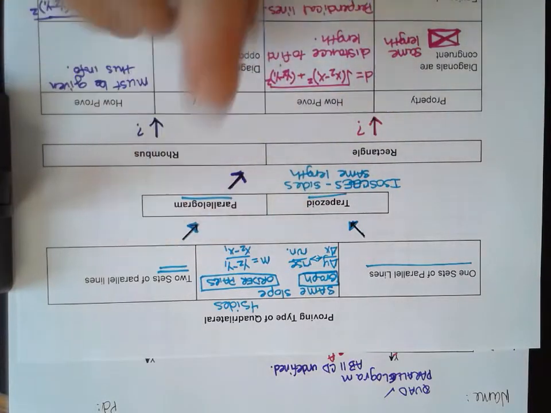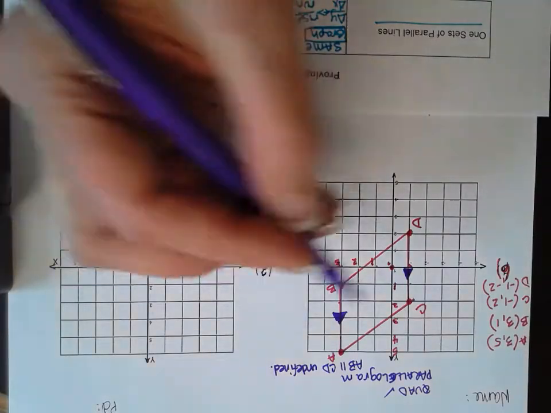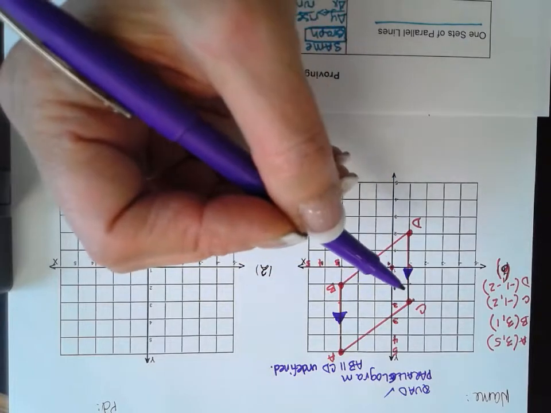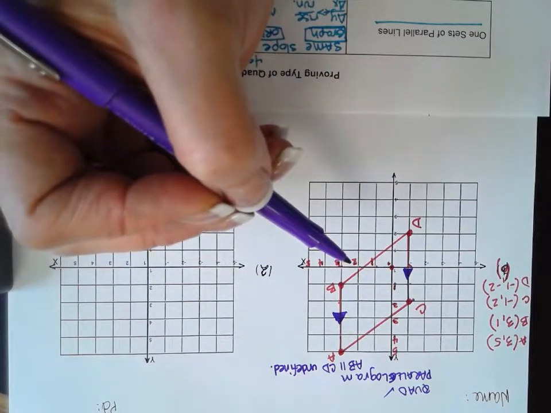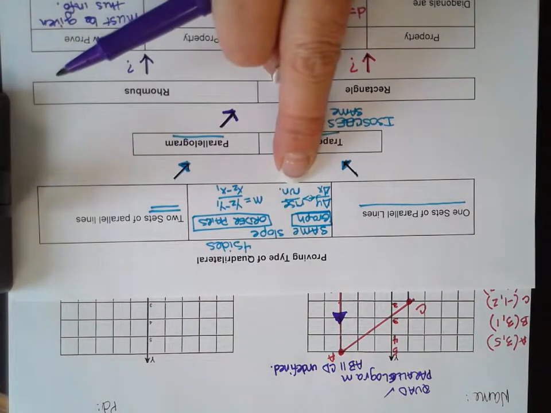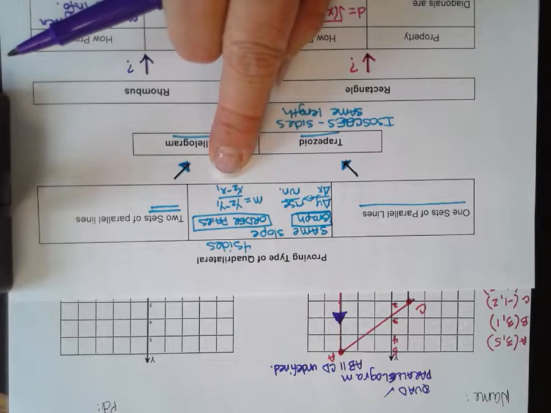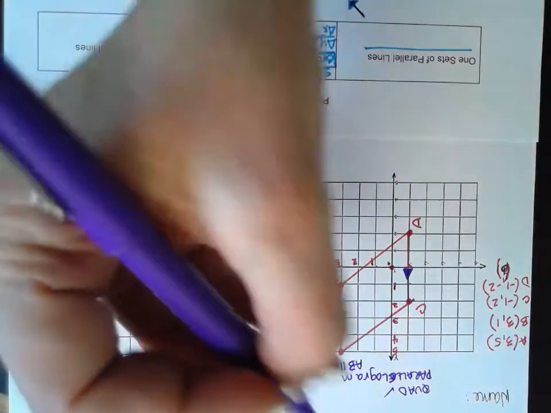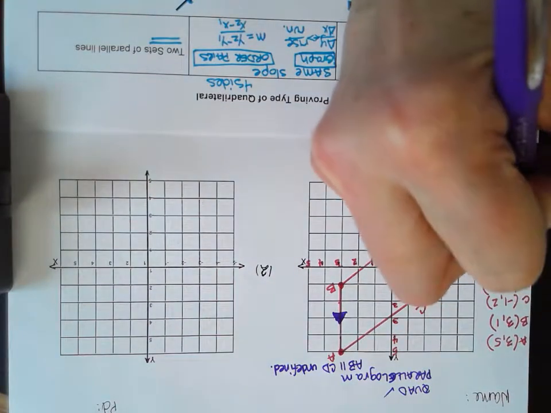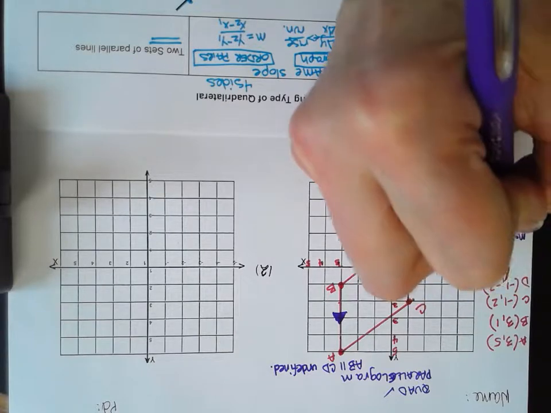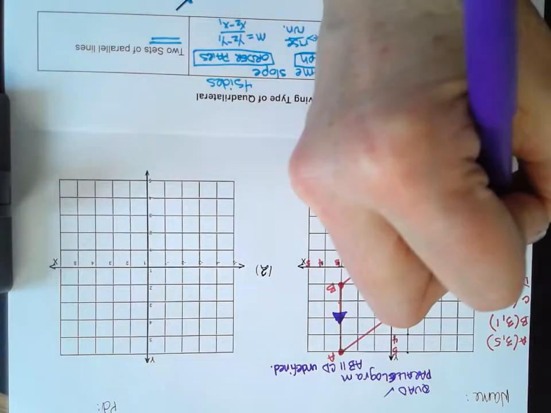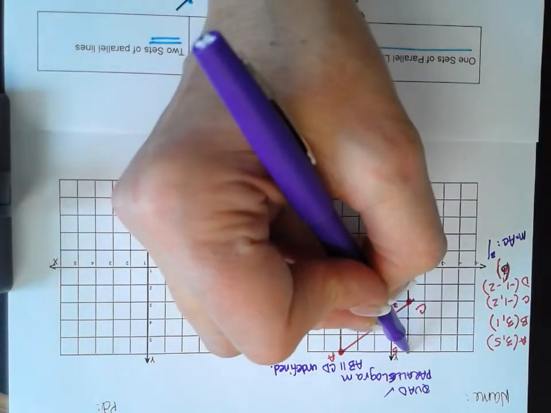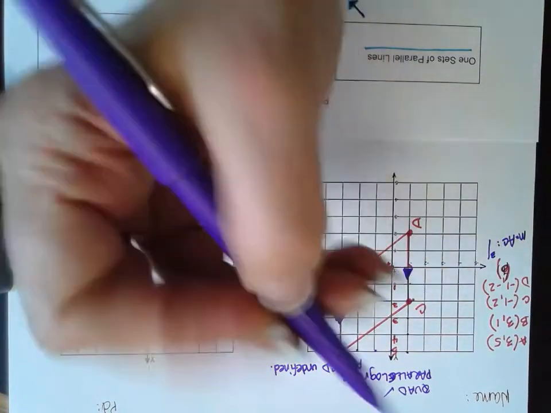So the second step is, do I have two sets of parallel lines? How do I find the slope of AC? Rise over run, or you can do the slope formula, whichever one you want. I'm going to say the slope of AC is up 3 and over 4.